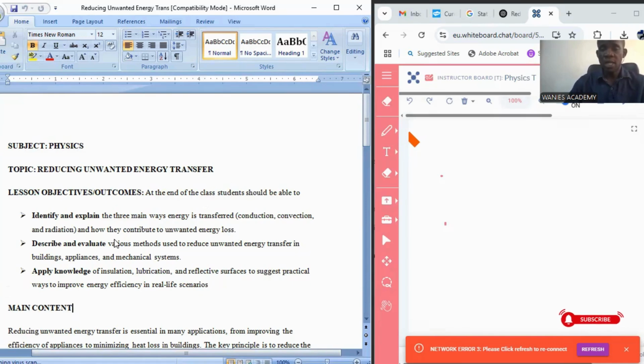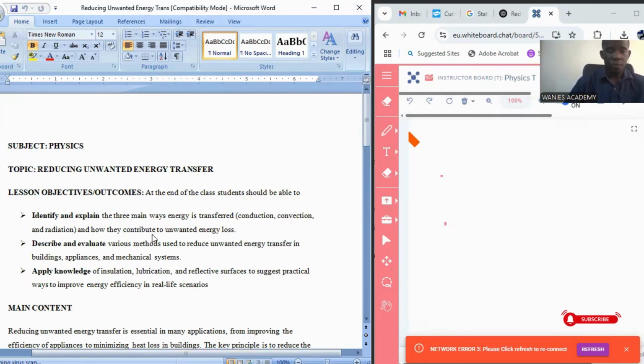We have also looked at how some of those energies are useful, some are unwanted, some are not directly used. And so, how do we reduce the quantum of the unwanted energy and increase the quantum of the wanted or useful energy?